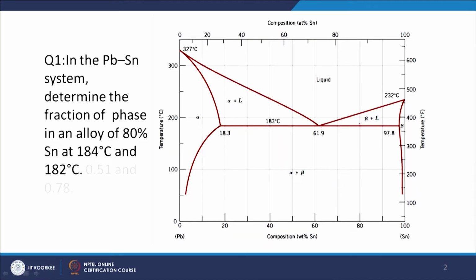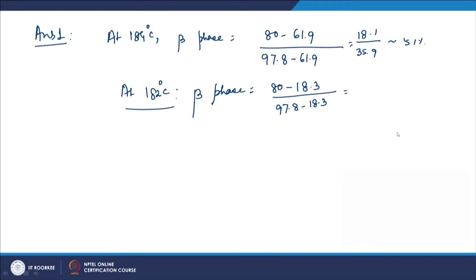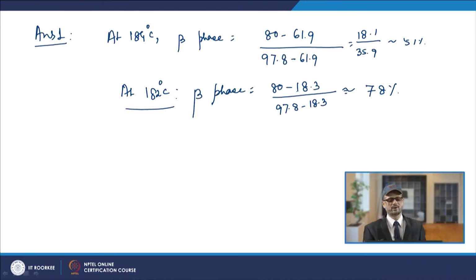That is what you see in this case: this distance divided by the whole distance. It will be 61.7 divided by 79.5, so approximately 78%.